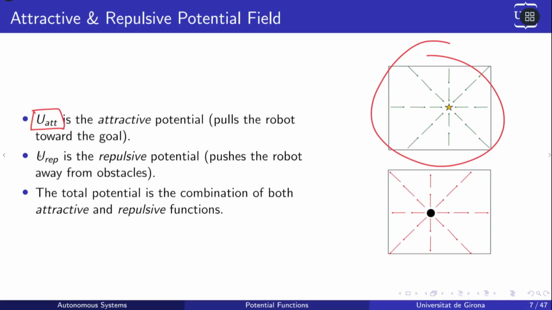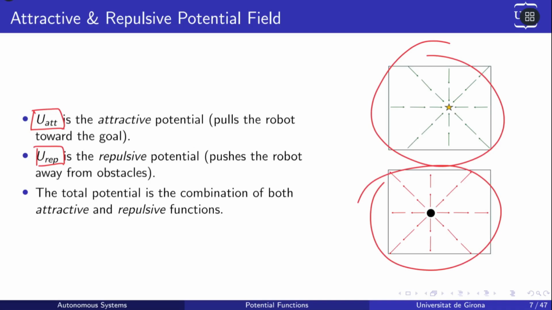Then we have the repulsive potential function, which we need to compute for the specific environment. Every time that we have an obstacle in our environment, we need to compute a repulsion function that moves away from this obstacle. Of course, if we have a single obstacle, it's very simple. If we have plenty of obstacles, then we have to find ways to do that in a convenient way.